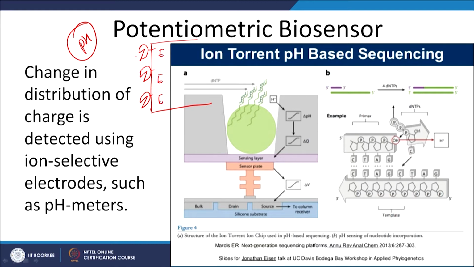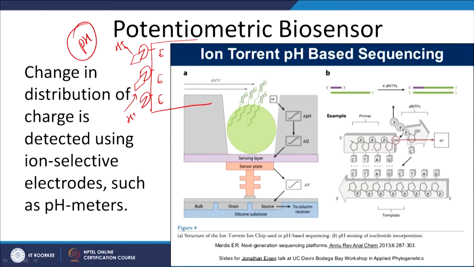When the analyte comes and fits in, it is quite possible that one H plus proton is released or one H plus proton is accepted. So, whether a proton is being released when the analyte interacts with the bioreceptor, or being accepted from the solution, the pH would change, it will either increase or decrease. By looking at the change in pH we can get an idea of how much analyte is present and definitely whether it is present or not.